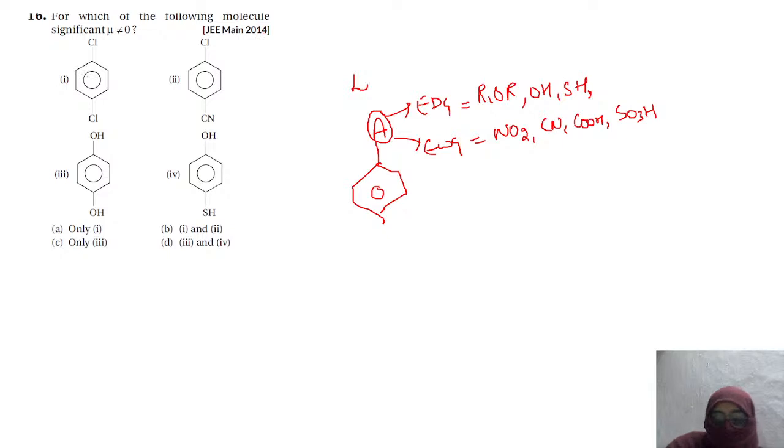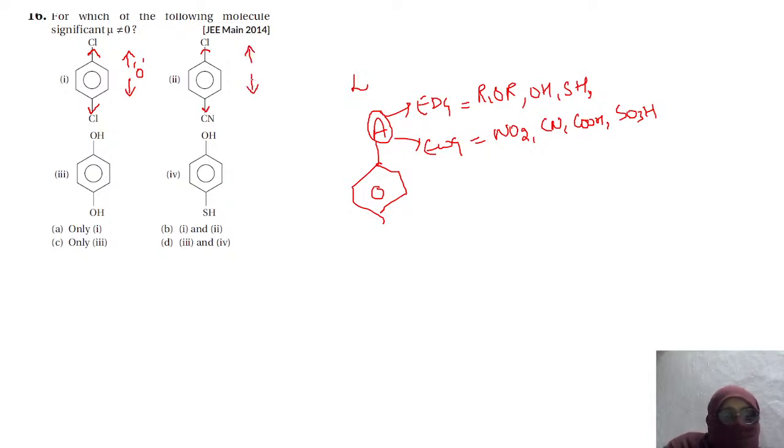Halogen is both, but majorly you can say that here it attracts electron towards itself. Benzene electron is getting attracted towards chlorine. So I would say that here it is down and down. So up and down. That's why they are cancelling the dipole moment. That means zero dipole moment is seen.